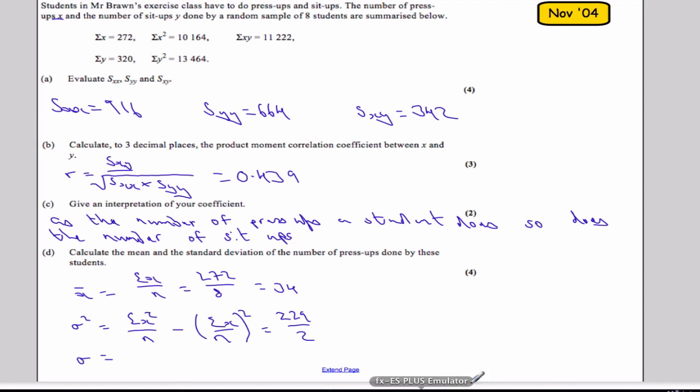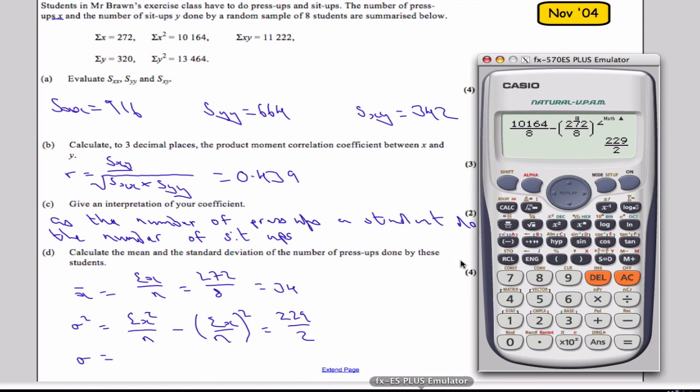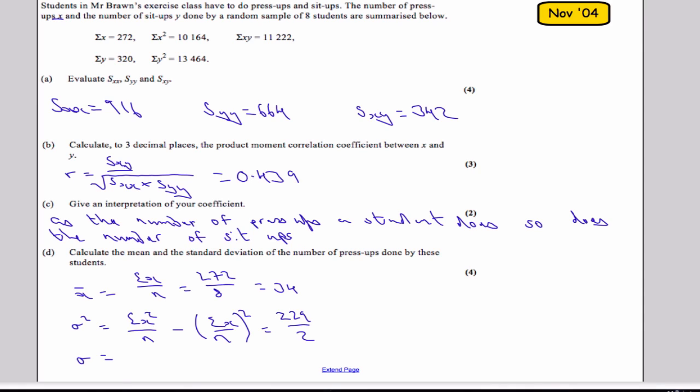To get the standard deviation we take the square root of my answer, and we get 10.7 to 3 significant figures.